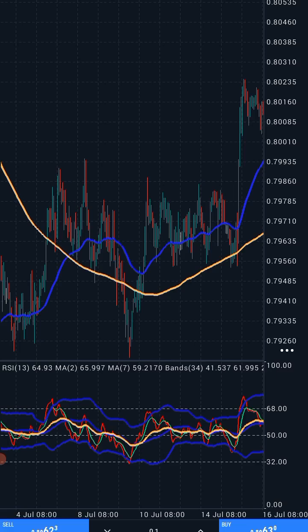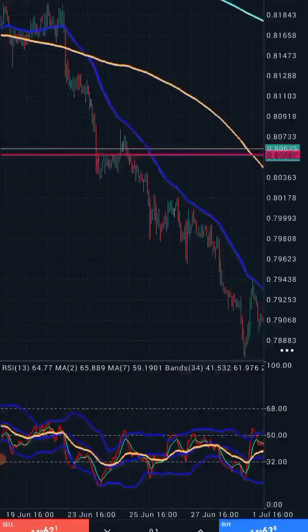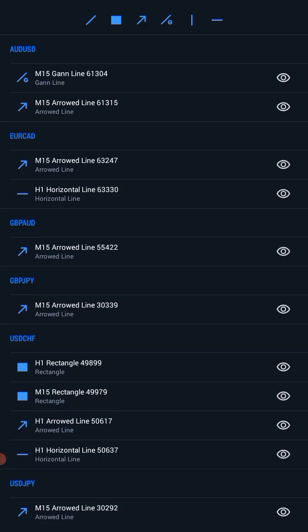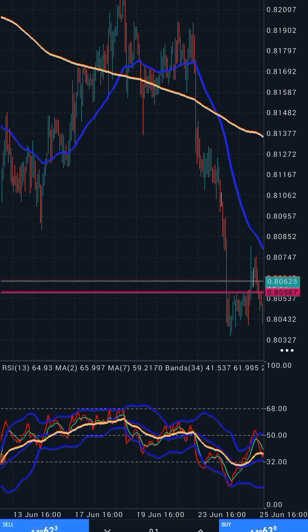Why? Because breakout always works with our support and resistance. That is how we use it, because we draw a box. Let me give you an example.